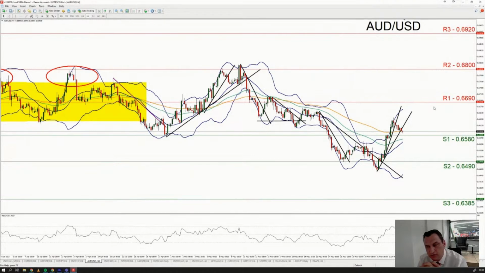In case we see the bank remaining on hold, I would expect primarily the Aussie to weaken, so AUD/USD would be dropping. But that drop could be restrained should Governor Lowe actually deliver such a hawkish statement.